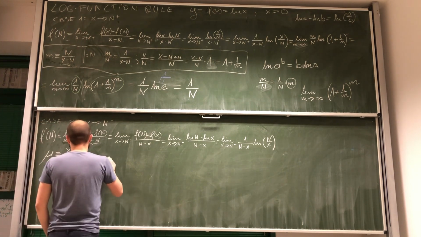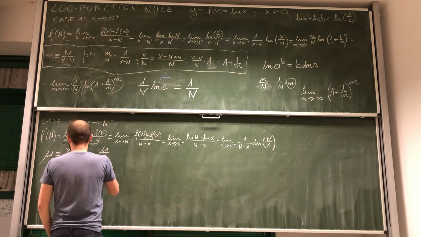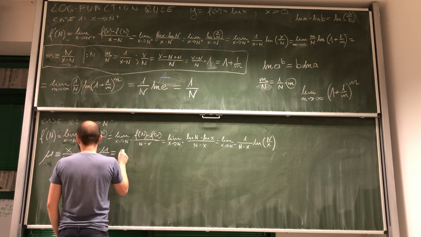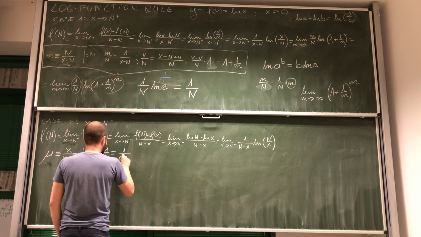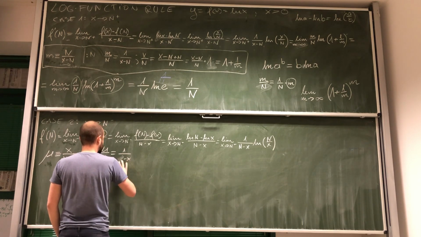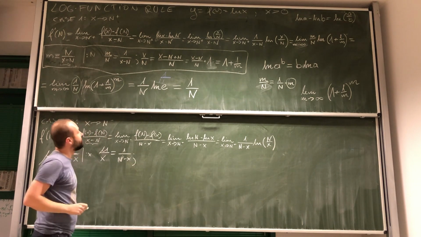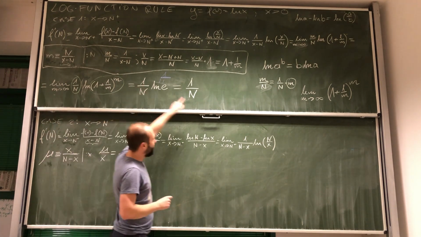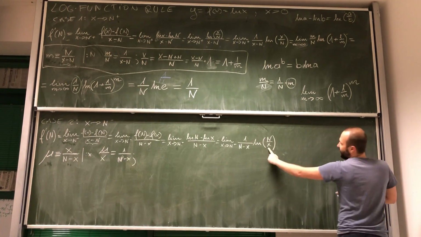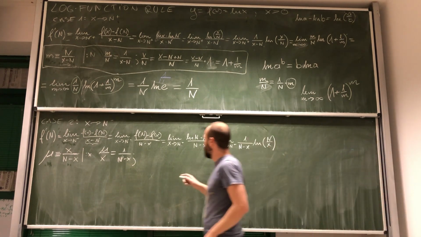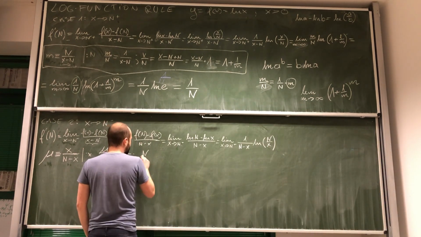And I'm going to get that mu over x is equal to 1 over n minus x. Okay, then what do we need to do? We need to deal with the expression we've got over here, n over x. And again, we're going to use the very same trick.